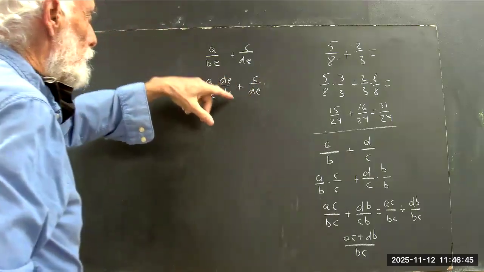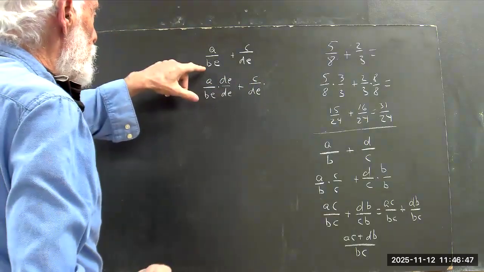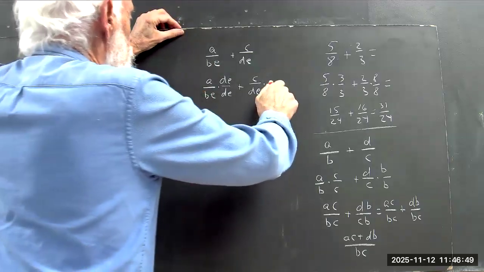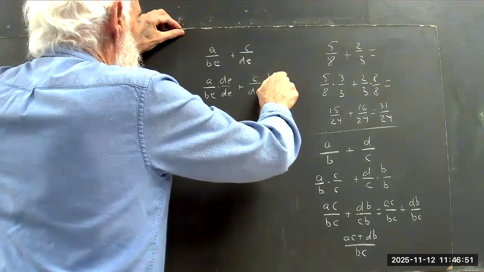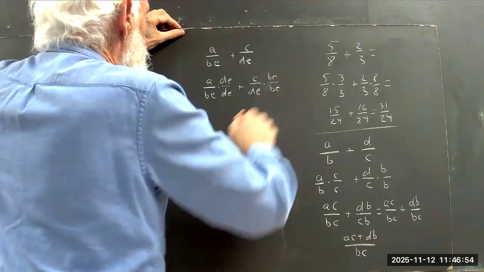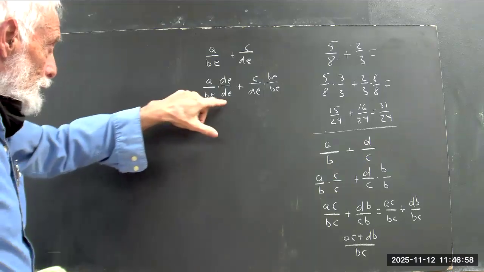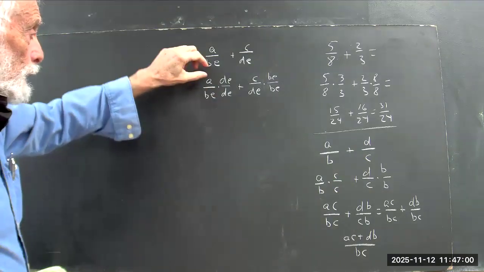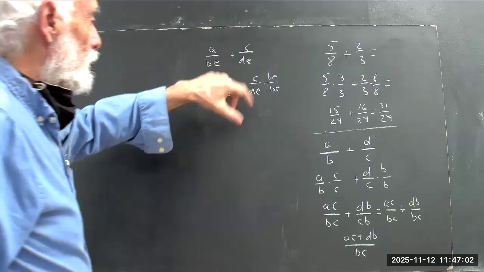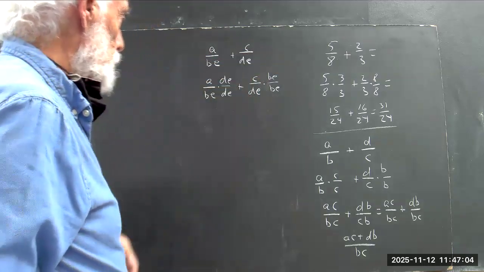And then multiply C over DE by BE over BE. In other words, I use the denominator here to make this denominator, and I use this denominator on the second term to make this denominator.